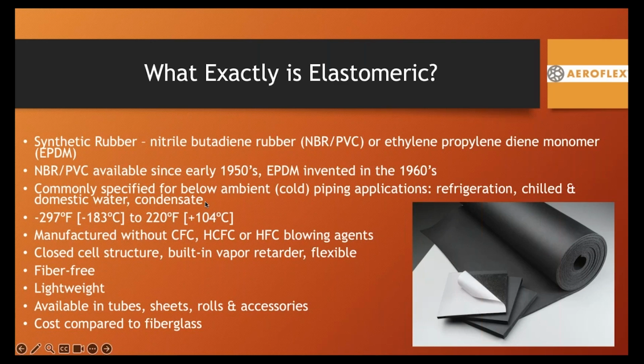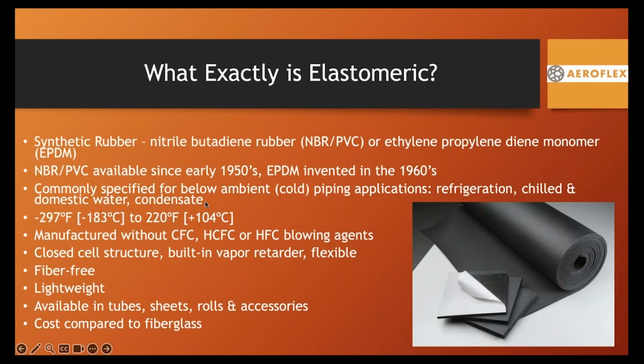As far as cost goes, if I'm speaking in very general terms, this is dependent upon what part of the country the project's in, but generally speaking, if standard 1-inch fiberglass liner is $1 a square foot, elastomeric may be $3.50 to $4 a foot. So obviously elastomeric is not for every project.